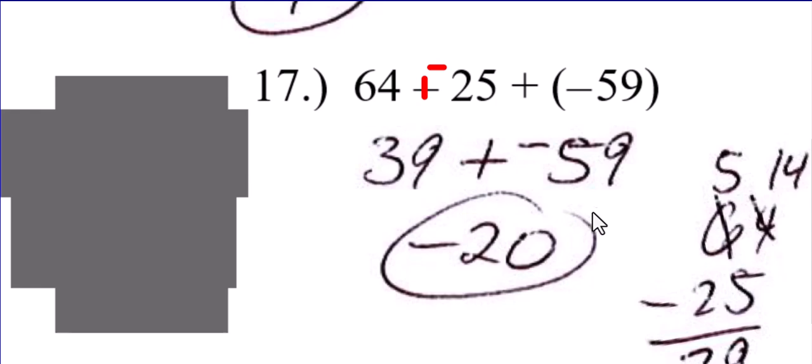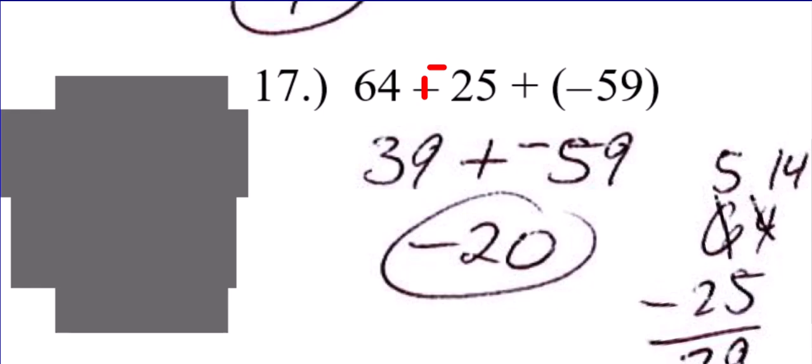So for those of you who did the 2 negatives first, that would have given you negative 84. And then positive 64 and negative 84, again, would give you the same answer that I got at the end, negative 20. And that's totally fine if you did it in that order, as long as you make subtraction become adding the opposite first. Otherwise, you would not be able to change the order if you kept minus in between.